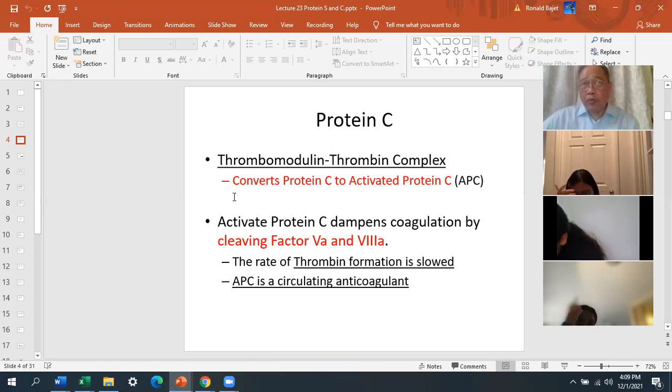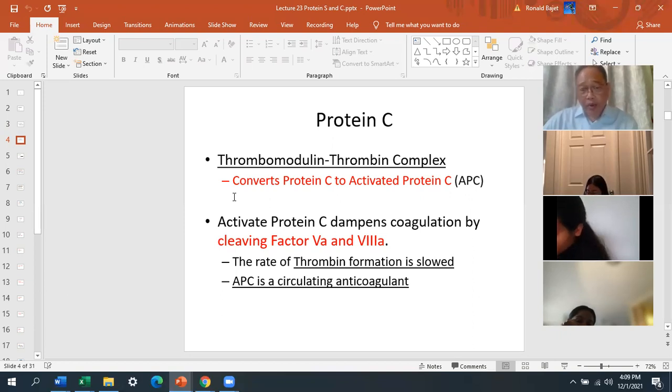So as you know, when you draw blood into EDTA, sodium citrate, et cetera, calcium is taken out. Well, with protein C, or with the thrombomodulin thrombin complex, you're taking out thrombin, and then you're also cleaving 5A and 8A. Okay, so those are reasons why this protein C is an anticoagulant.